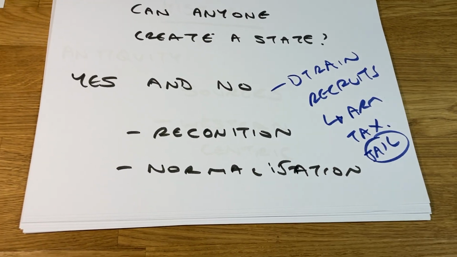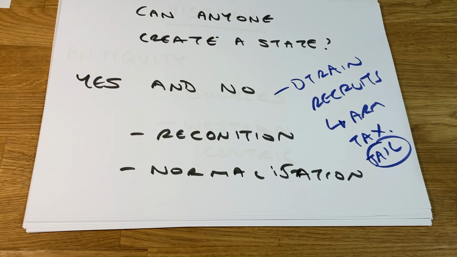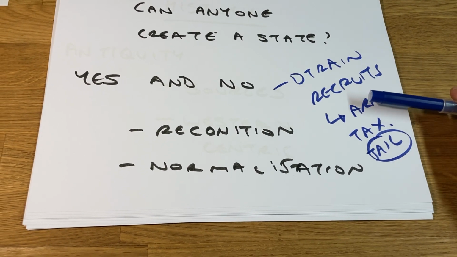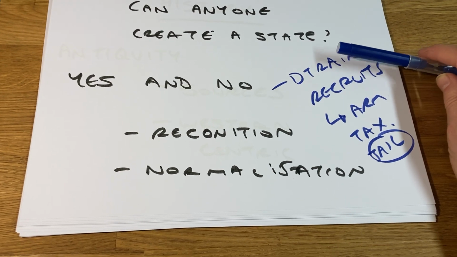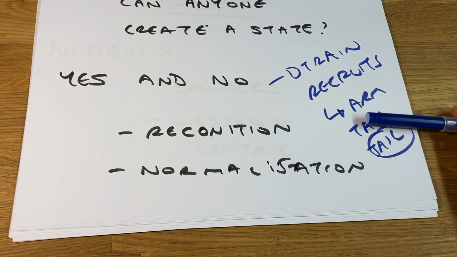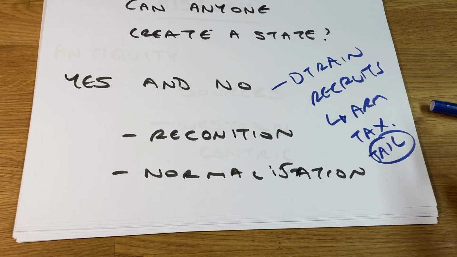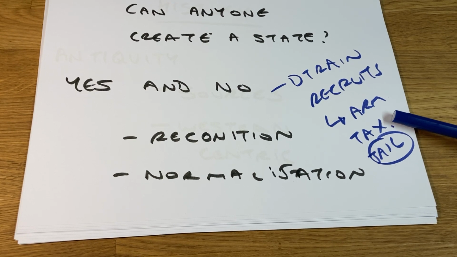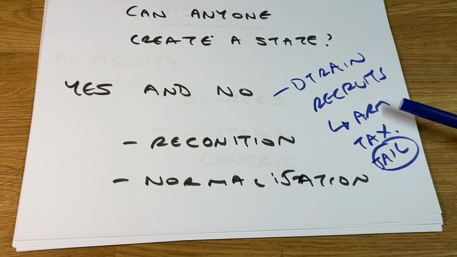So, yes, technically you can create a state, but actually in practice, the existing states have a monopoly over the use of force. So if someone tries to create a state like the Free State of Jones, I recommend watching that film if you want to understand more about the American Civil War.